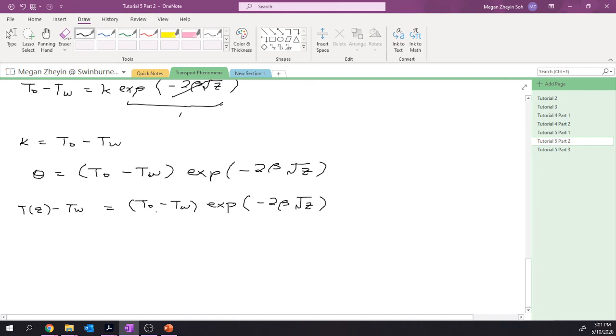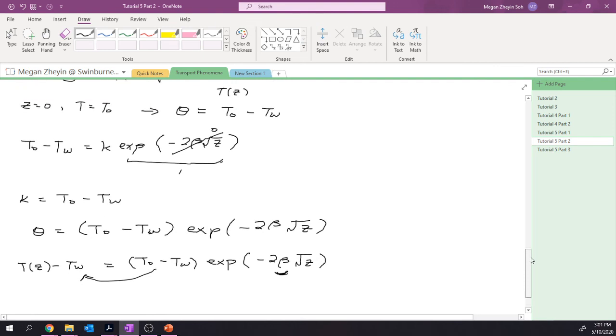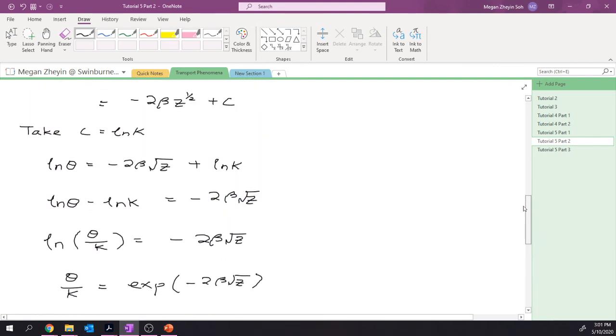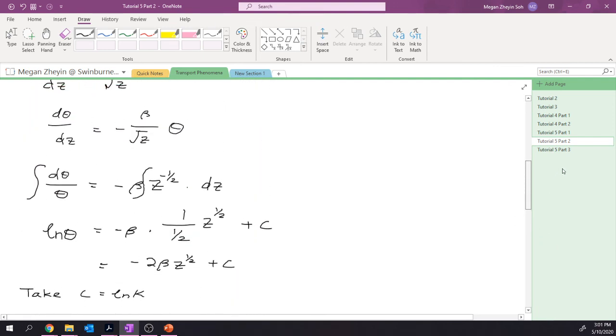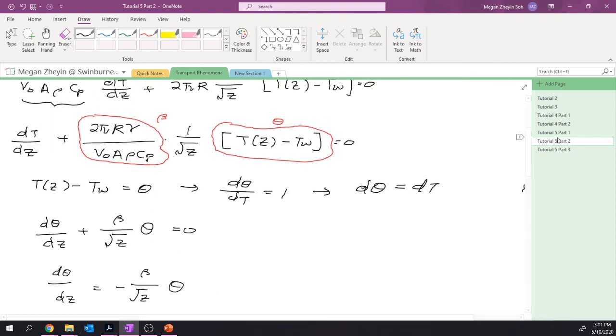Rearrange, so we bring this one over and put back our beta, which we defined previously. So beta was this, and we put it back in.